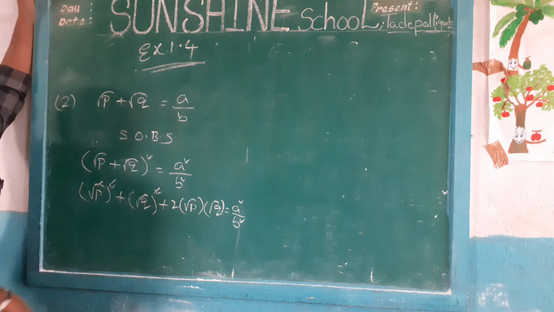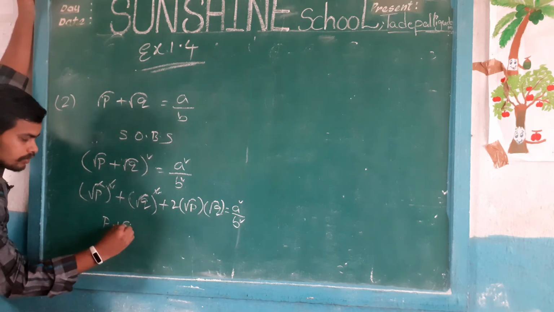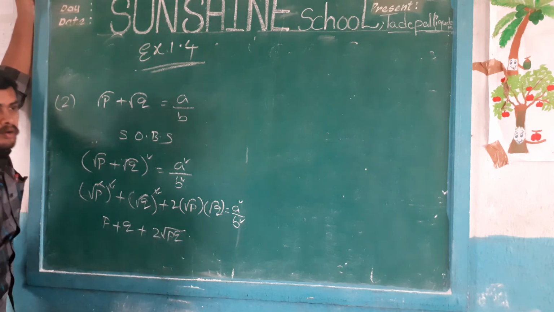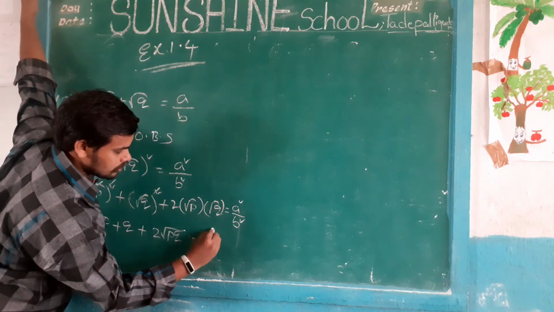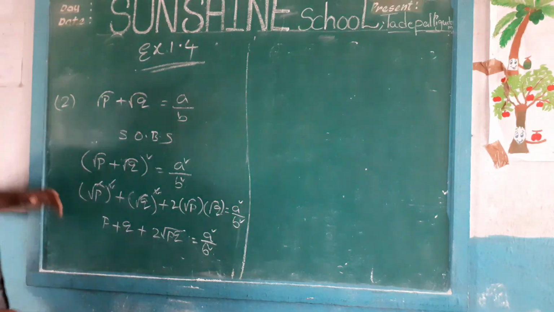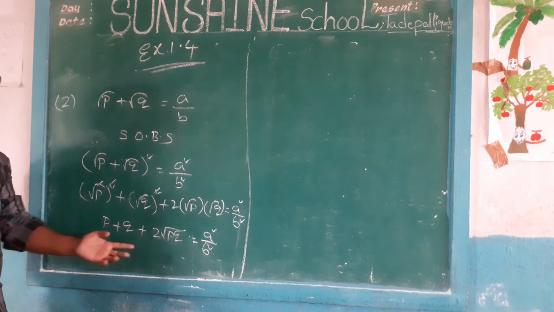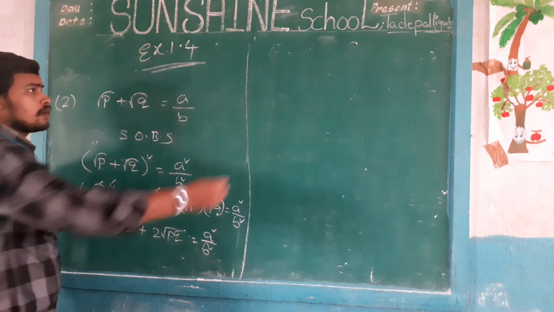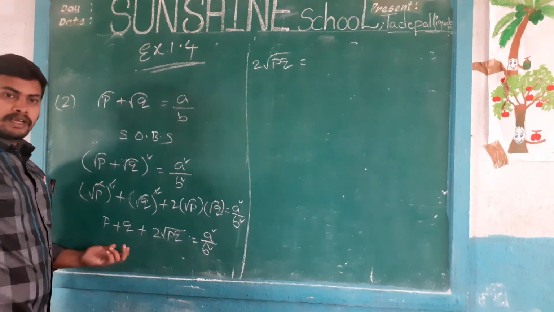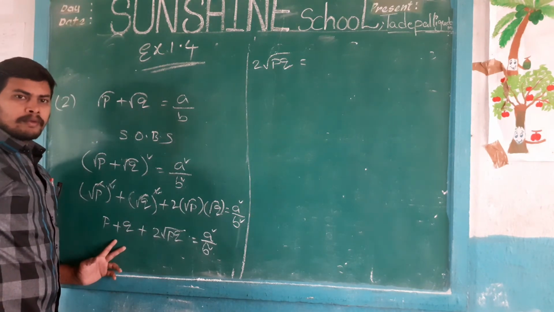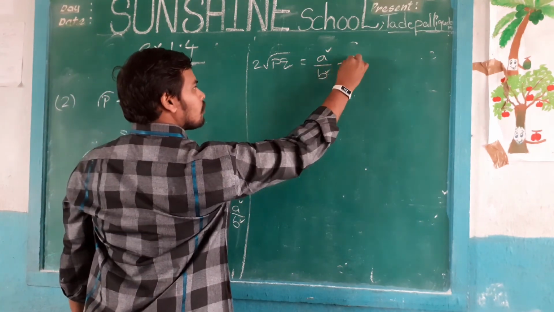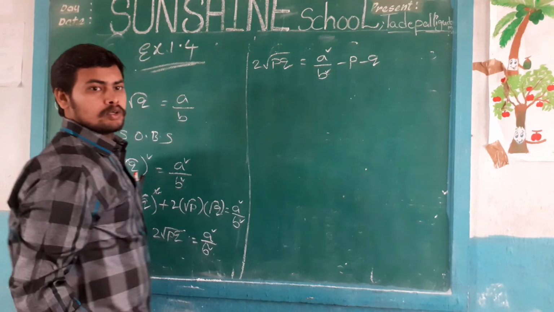Transfer p and q to the RHS side. So 2 root pq equal to a square by b square minus p minus q.